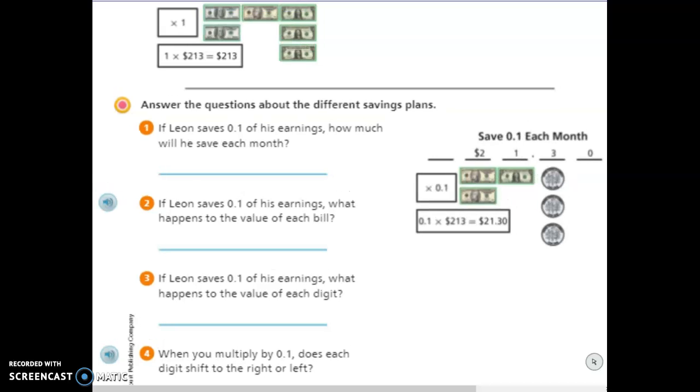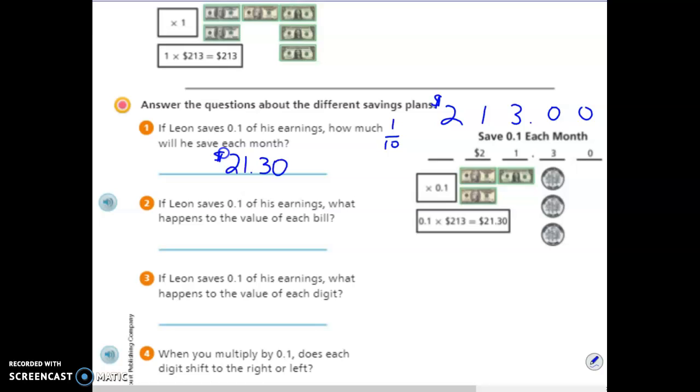I'm going to write on my smartboard up above the original amount. And he's saving 1/10. You might think of it as 1/10 like this, or if you're into percents, it's 10% of his income. So he's saving 10% or 1/10. How much is that? They gave us the answer right here, $21.30.